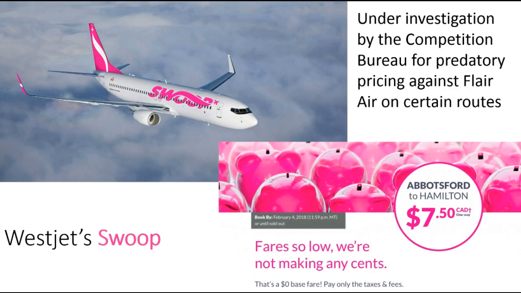So that's a possible example of predatory pricing. There aren't too many convictions for this kind of behavior in Canada. I suspect that the law is not really very well enforced.